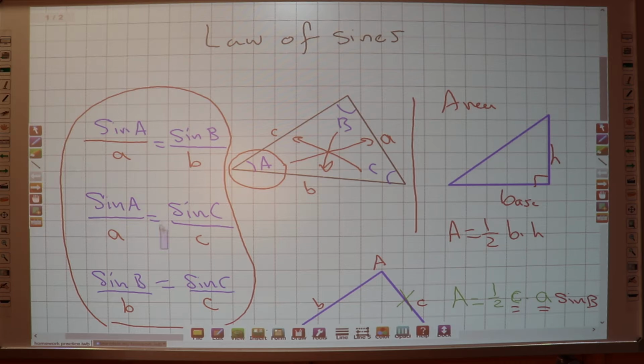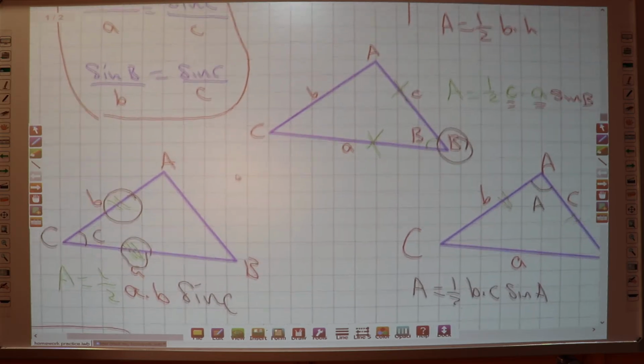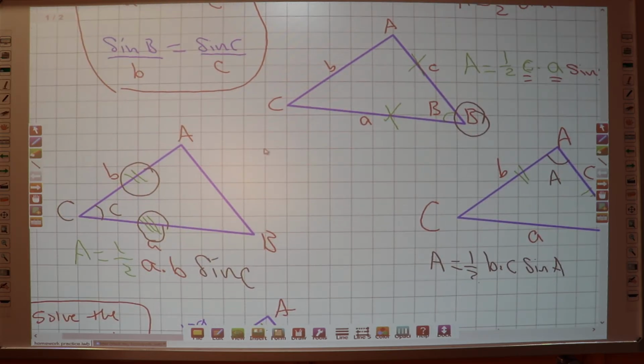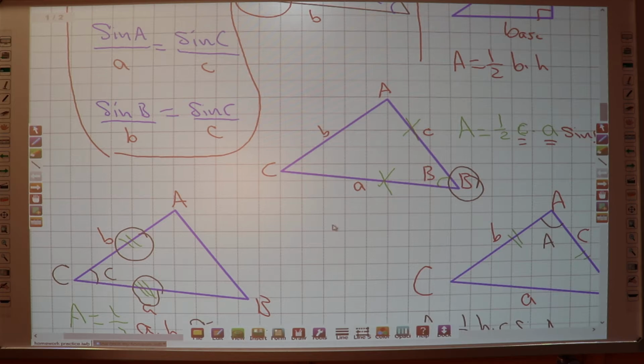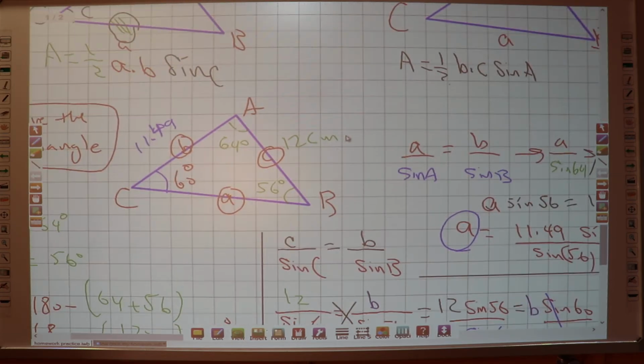The first case we discussed is when we have two given angles and one side, and we gave an example here.